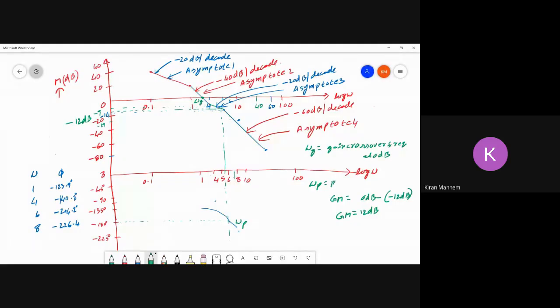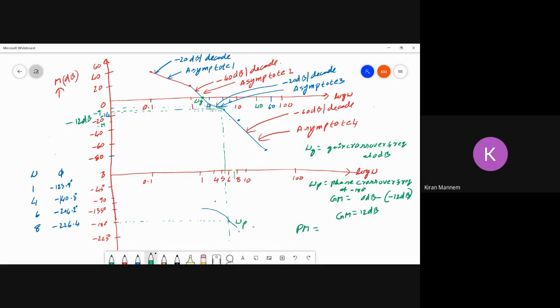Phase crossover frequency at minus 180 degrees. What is the gain margin? Gain margin is 0 dB minus the resultant magnitude in dB at omega p. So at omega p, what is the magnitude? It is minus 12 here in this case. Now what is phase margin?